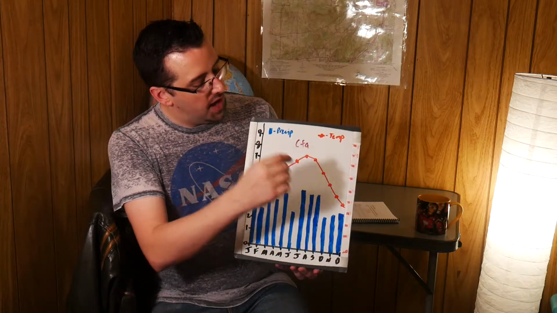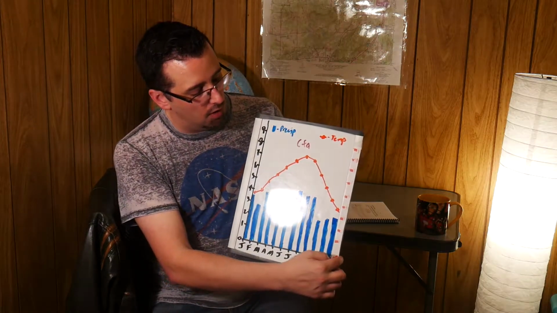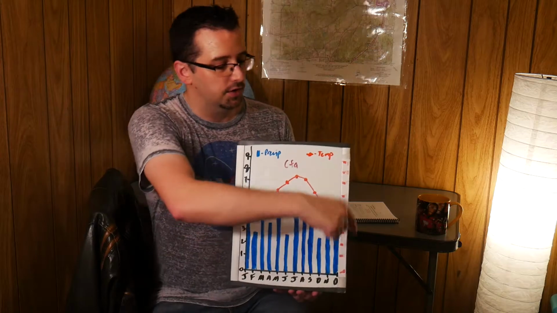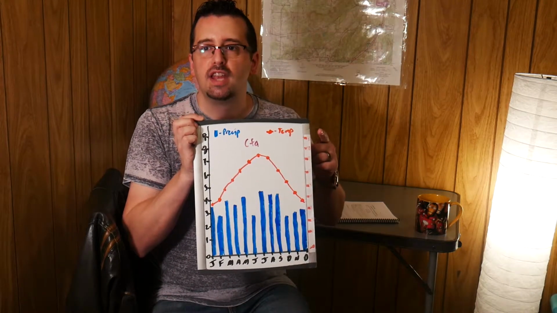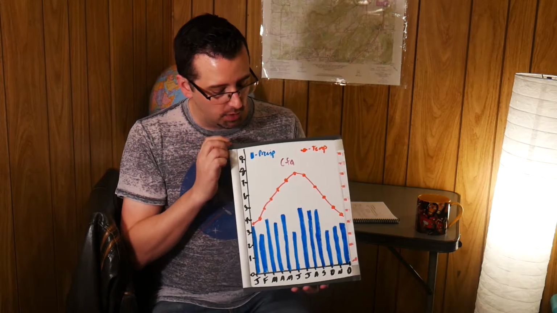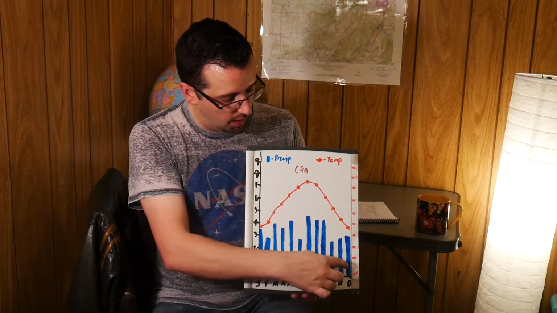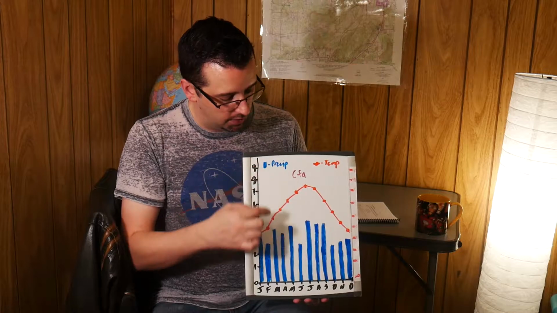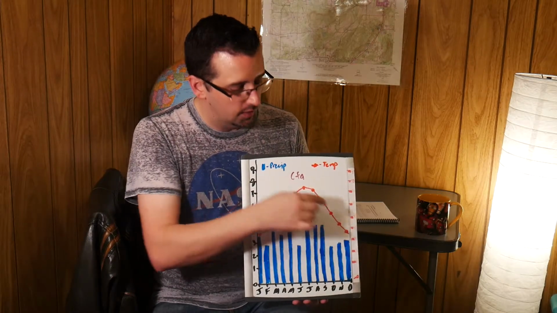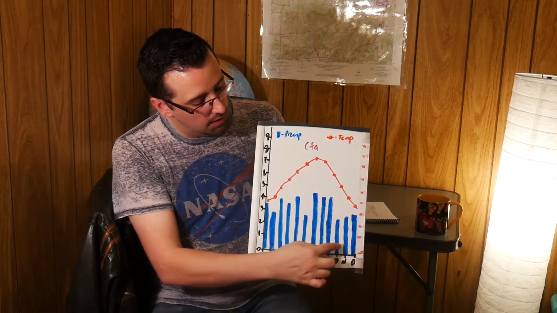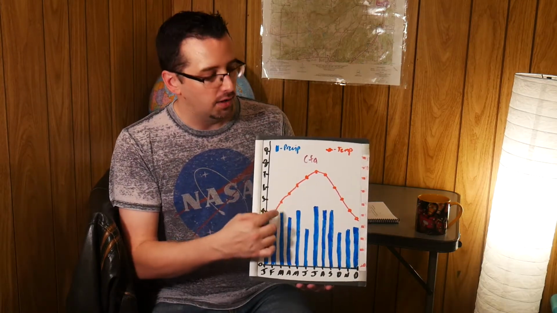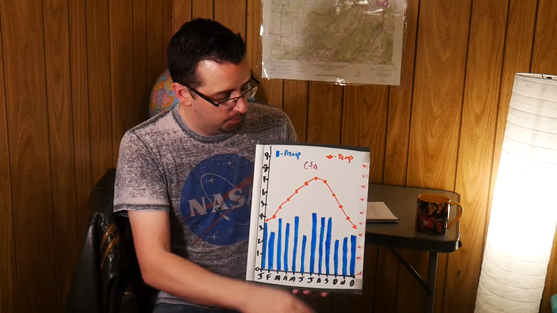But then what I did after that was show on the other side of the y-axis, on this side right here, the average temperature. So in blue, I put precipitation, and in red, I did the temperature. And therefore, we see what the average rainfall and temperature is for each month.